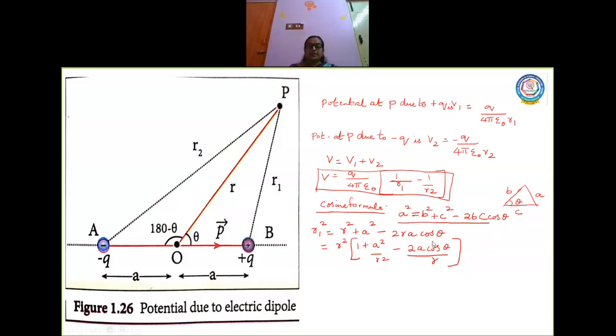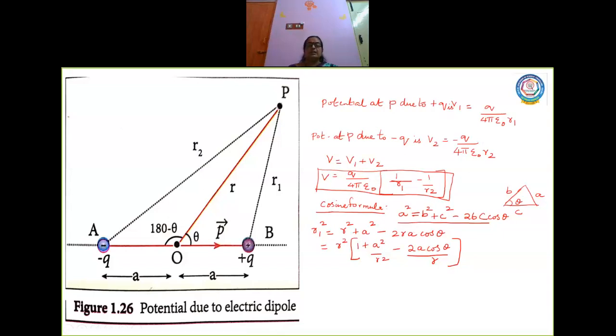Now when I multiply and divide by r square, the first term I will have is r square into r square by r square. The second term is a square into r square by r square. The third term is 2ra cos theta into r square by r square.